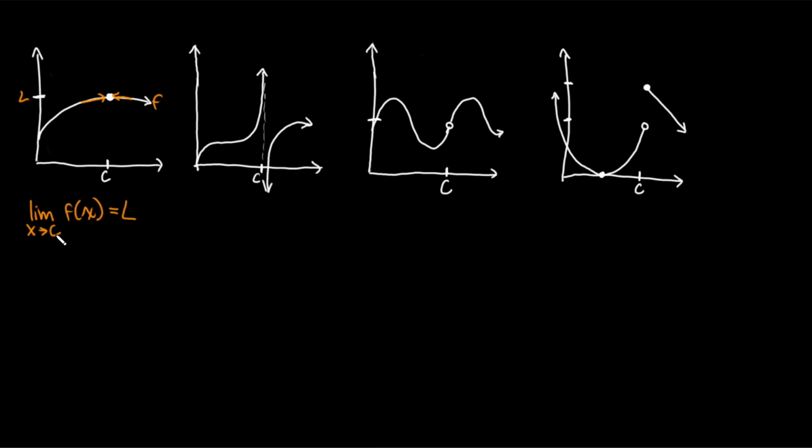In this case, we actually found out that f of c is also L. So the limit of a function at x equals c can also equal f of c.